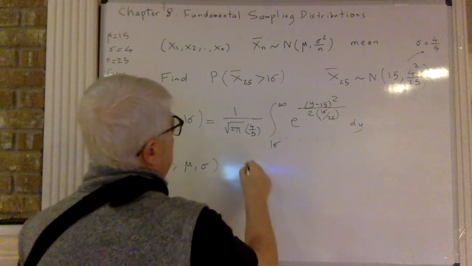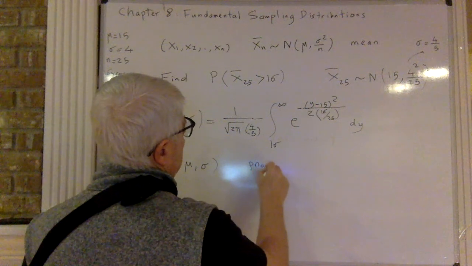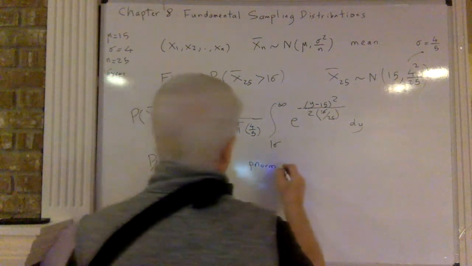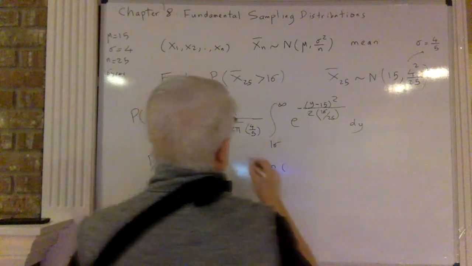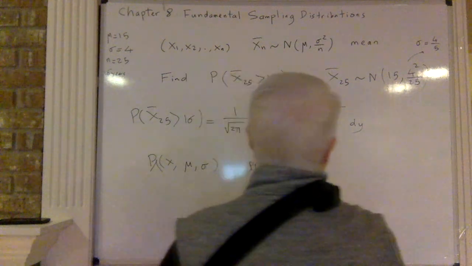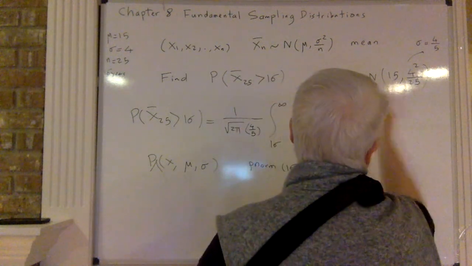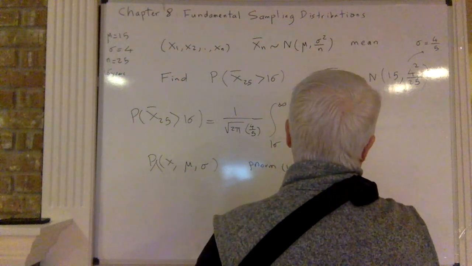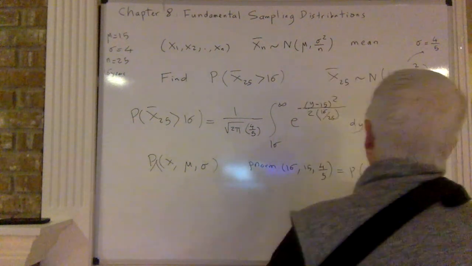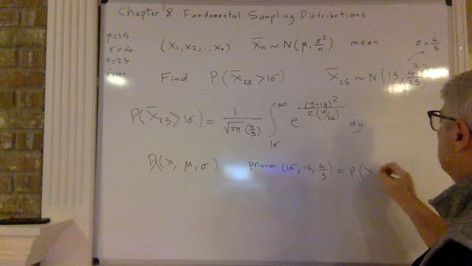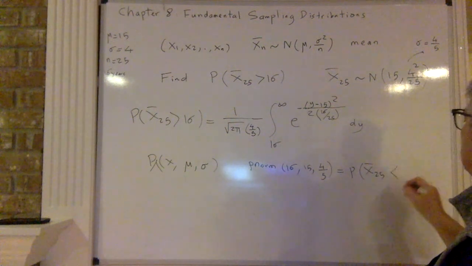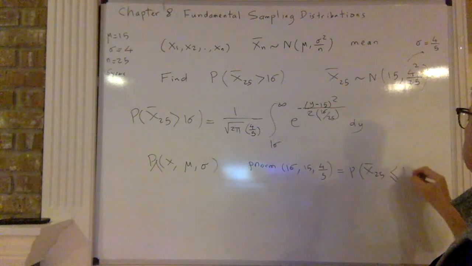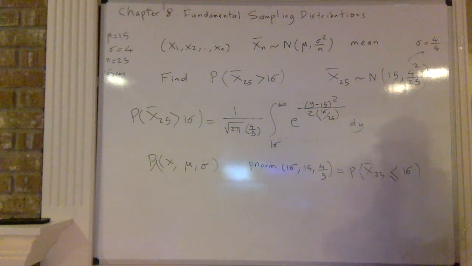So pnorm is probability. So pnorm of, say, 16, where mu is 15 and sigma is 4 over 5, is the probability that x bar 25 is less than or equal to 16, right?